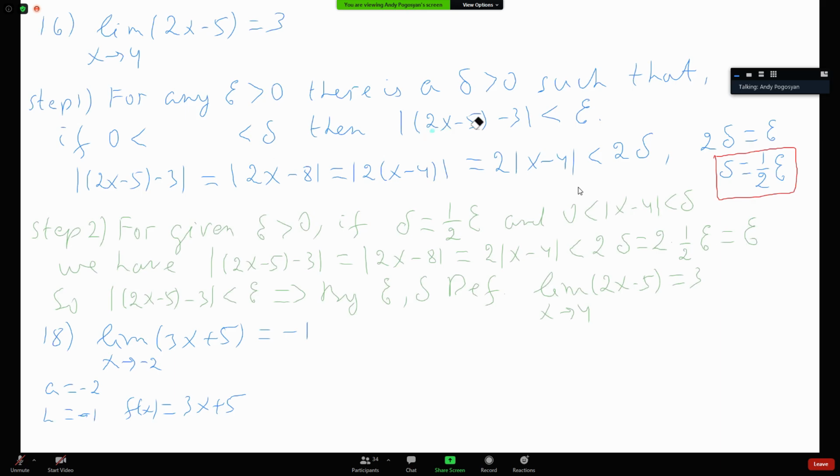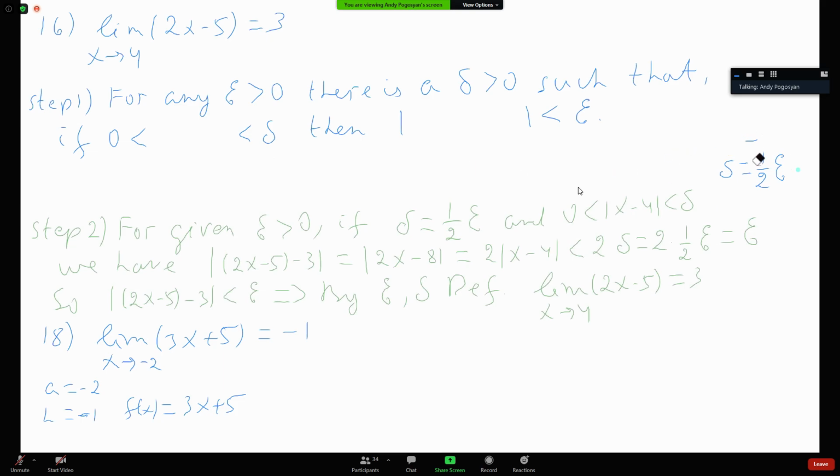This part should be changed. Definitely this one will be changed. Let's see how we are going to choose our delta in this case. So again, for any epsilon, there is a delta, 0 less than absolute value x minus, so this is changed.